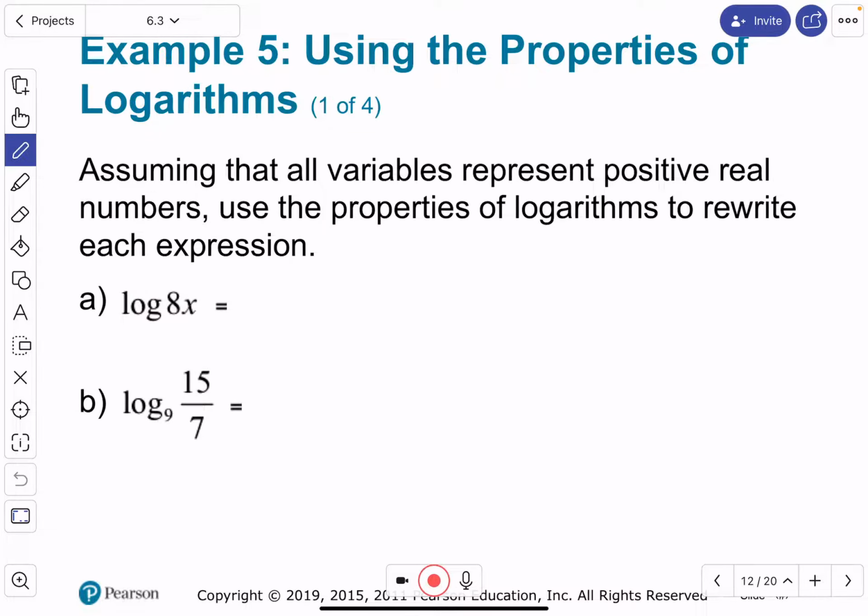So let's try some. So this is multiplying. So we can rewrite this with addition. B is dividing. So we keep our log 9, we keep our base, but then we subtract the pieces inside it. So that's how you'd rewrite those.